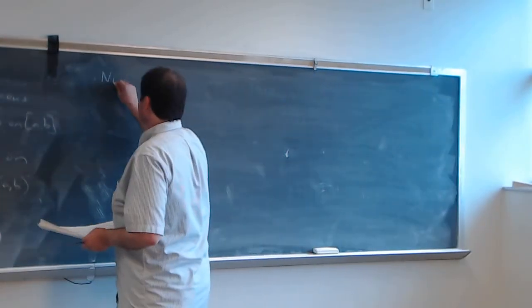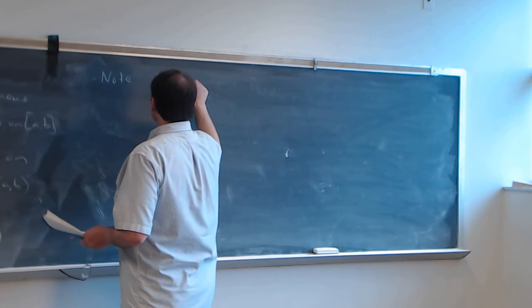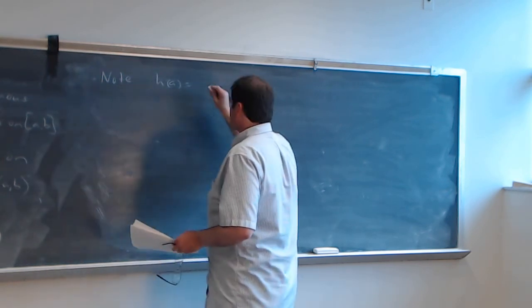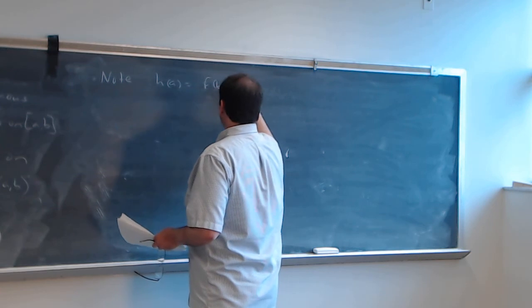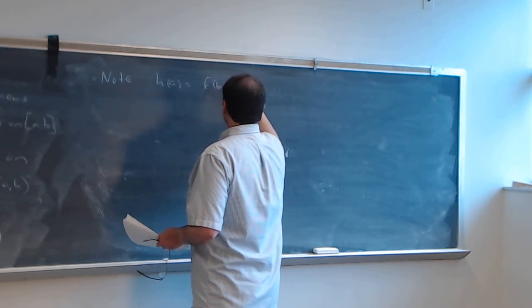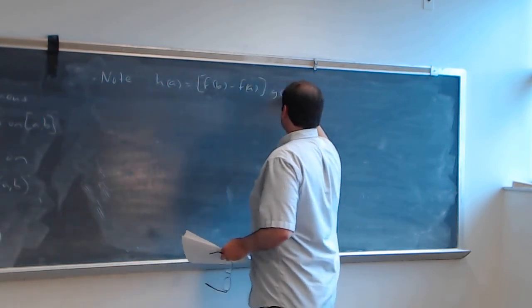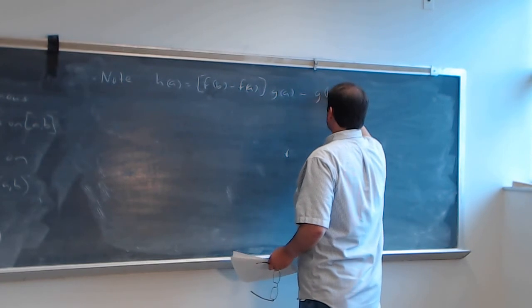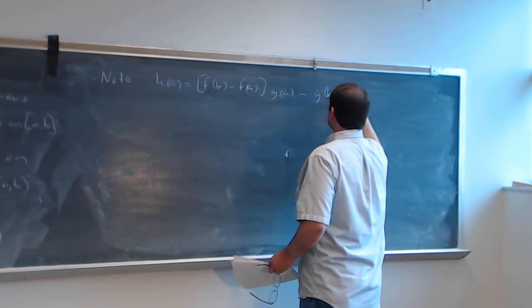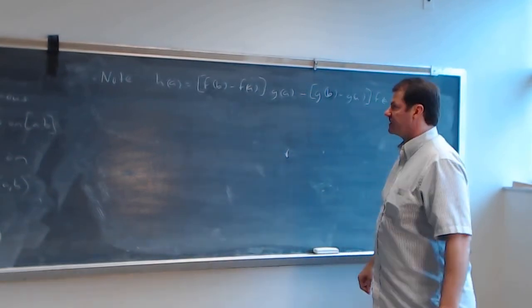Note, h of a would be equal to f of b minus f of a, all times g of a, minus g of b minus g of a times f of a, by the definition of h.